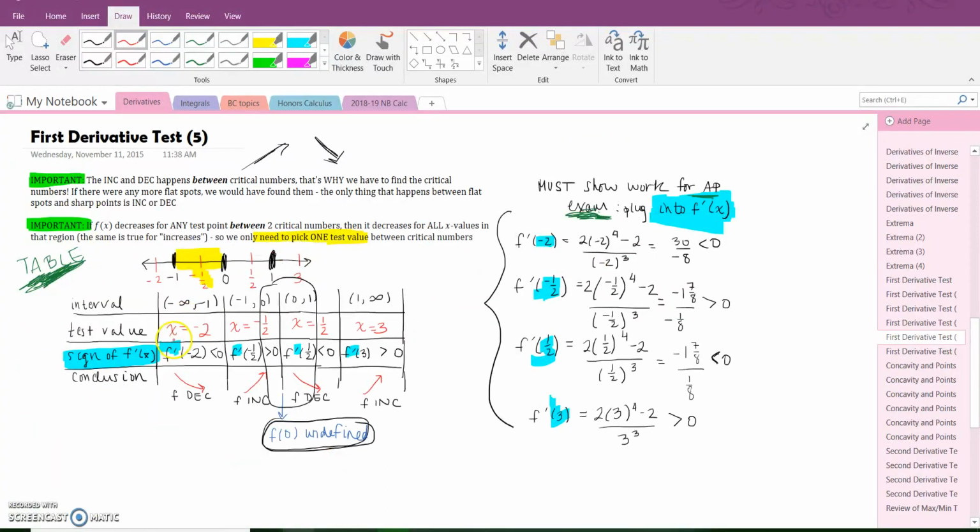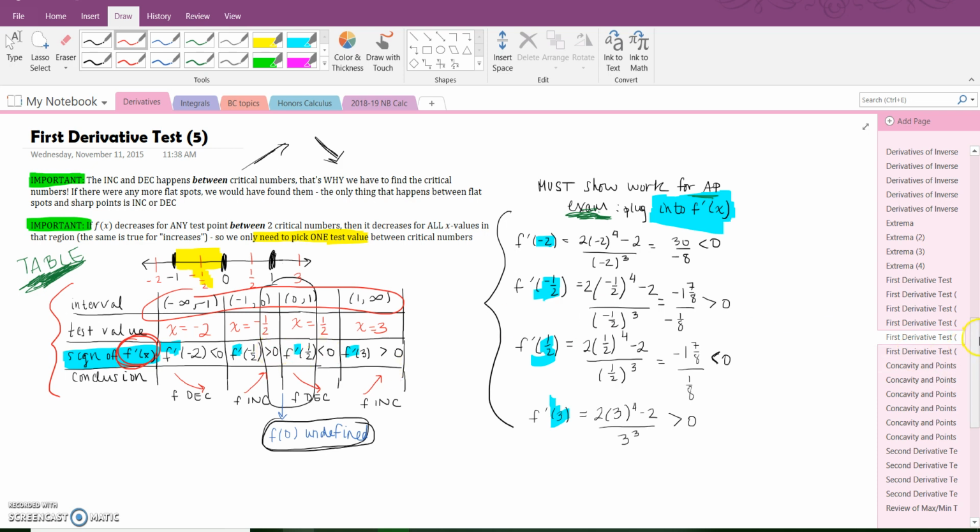The extrema test, where we found absolute max and mins on a closed interval, you had your first derivative test, where we found relative max and min locations, no y values here, just the locations, on an open interval. And we had these intervals, we broke it up into pieces based on the critical numbers. There's no endpoints here. We picked test values and we plugged them into the derivative. And then we saw is the function increasing or decreasing. So this was for extrema.